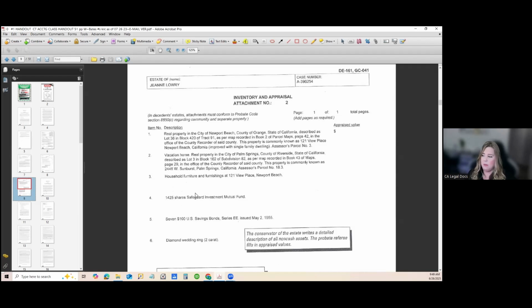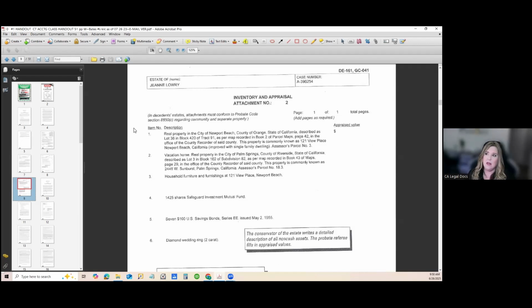Really, one of the most important things, and think about it this way, is that this inventory and appraisal goes out to beneficiaries. They're looking at this, and it gives them an idea of what the conservator owns, or in many cases of a decedent, what the decedent left behind. It helps them understand maybe what they're going to inherit.